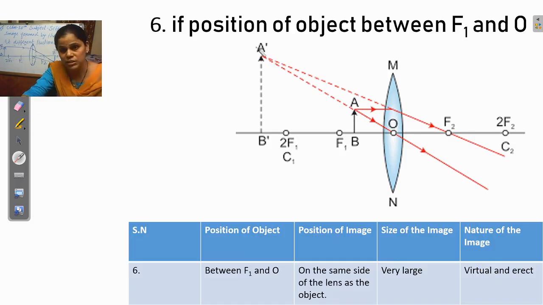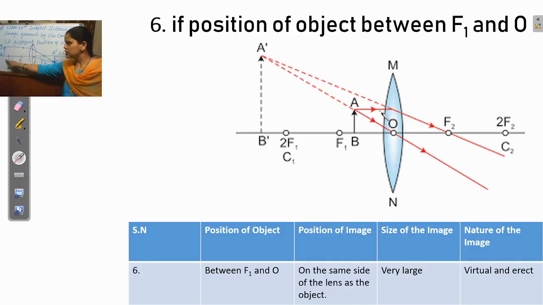The nature of the image is virtual and erect. Virtual because this image is formed on the same side of the lens as the object, whereas in the previous cases the image is formed beyond the lens, on the opposite side of the object.